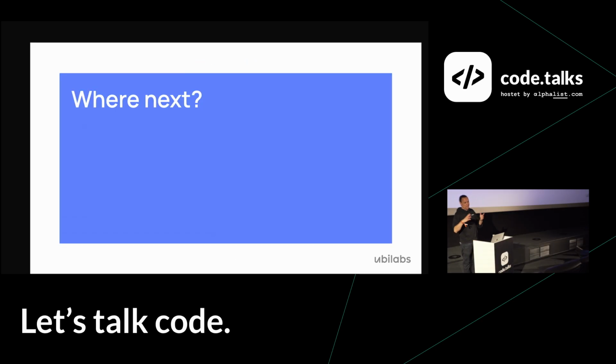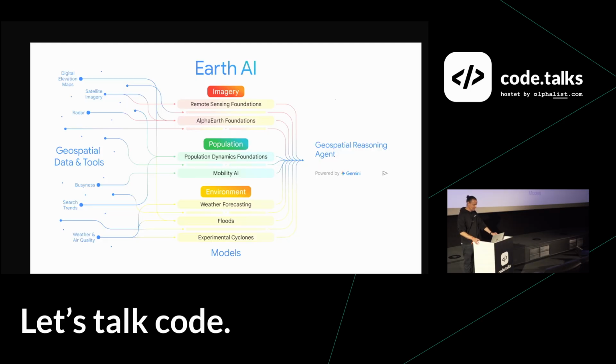That's just the beginning. The Google Maps team is thinking about different ways to use AI, and there were a couple of announcements. Something that's super new: there's something called Earth AI now, which combines all the different data sources that we've seen before. The imagery data is in there. They have access to the population data. They have access to an environmental API, and it will all be bundled into a geospatial reasoning agent.